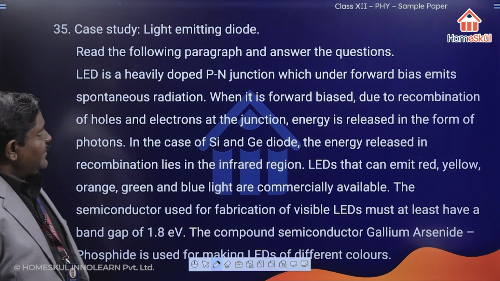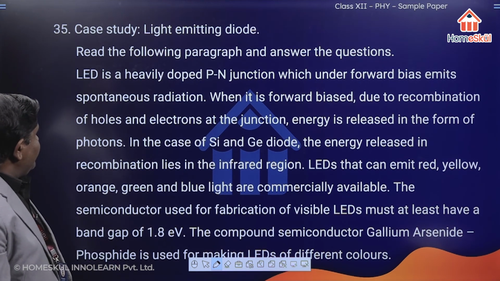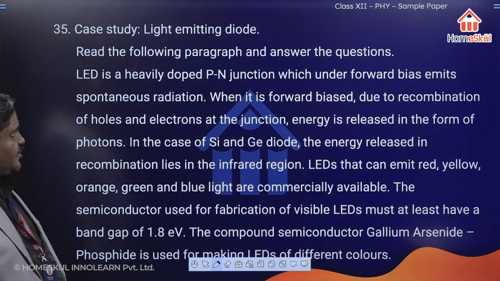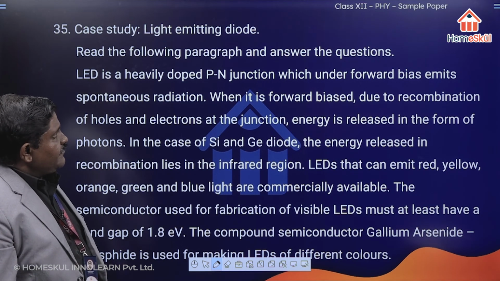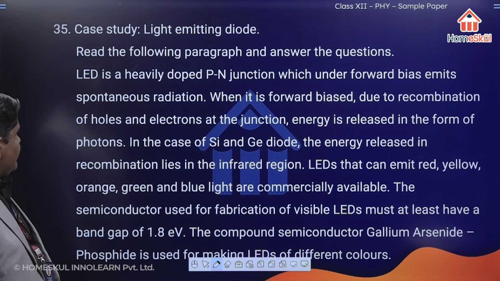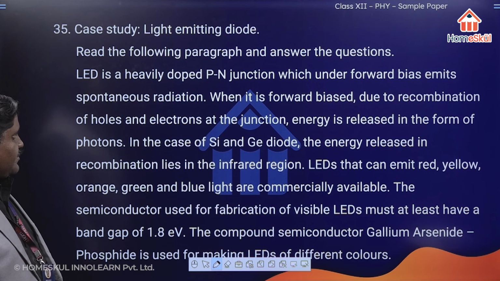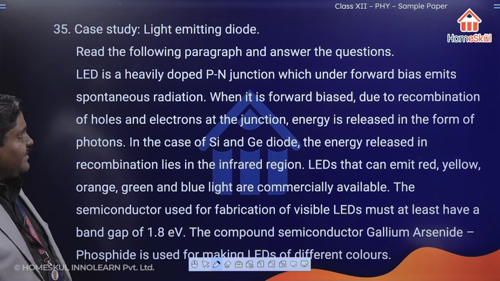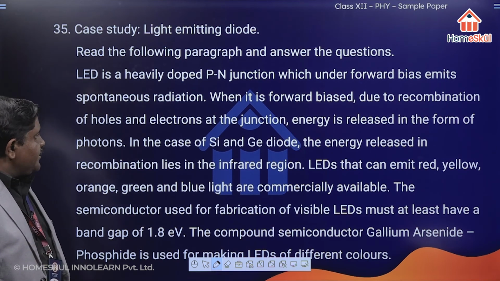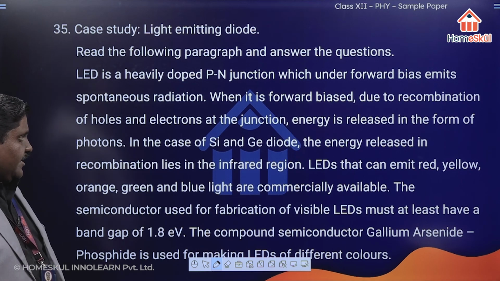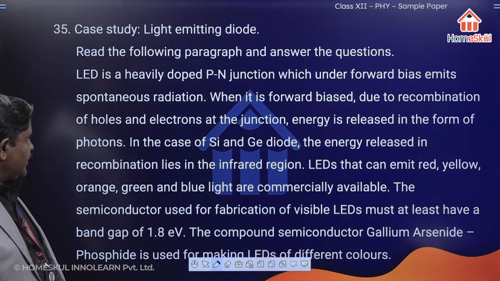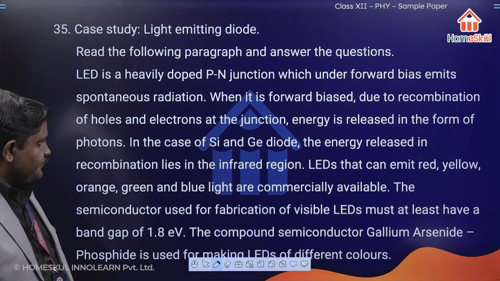Then the last question, the case study: light emitting diode. Read the following paragraph and answer the questions. LED is a heavily doped PN junction which under forward bias emits spontaneous radiation. When it is forward biased, due to the recombination of holes and electrons at the junction, energy is released in the form of photons. In the case of silicon and germanium diode, the energy released in the recombination lies in the infrared region.